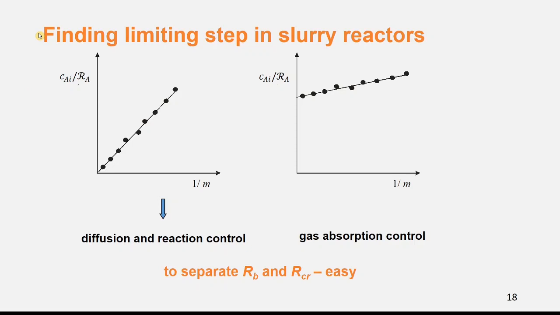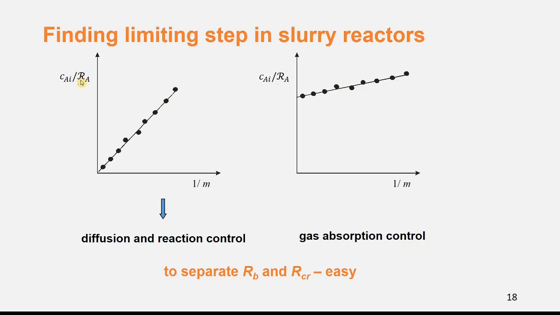So we can use this information to identify what the limiting step is in a slurry reactor. We do the experiments and measure CAI. Again, this is the liquid phase concentration at the gas-liquid interface and can be calculated from the partial pressure using Henry's law. So we can easily measure partial pressure in the lab.